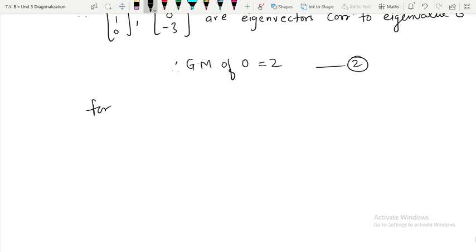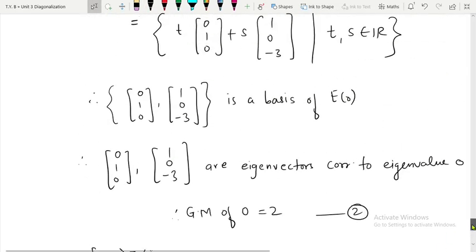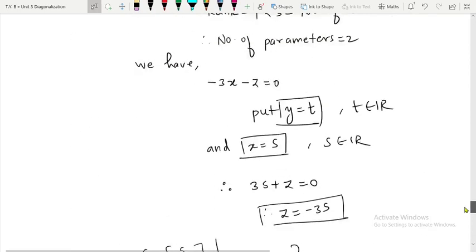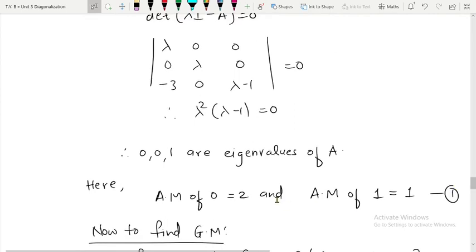Now for lambda equal to what was the eigenvalue? The other one was 1, I guess. Now keep it in mind that since we got geometric multiplicity of 0 equal to 2 and algebraic multiplicity of 0 equal to 2, and AM of 1 is 1, GM is going to be 1 only, no doubt. We will use Cramer's rule for that.